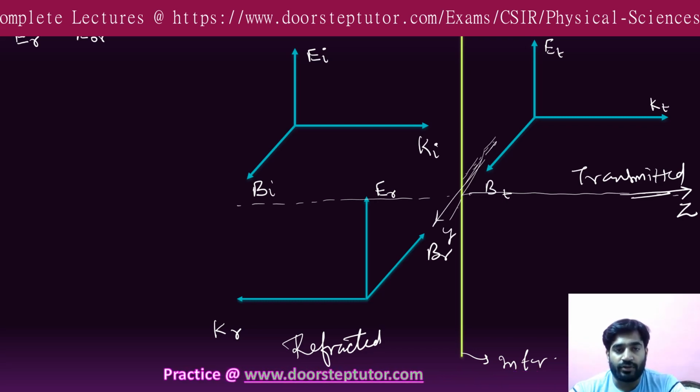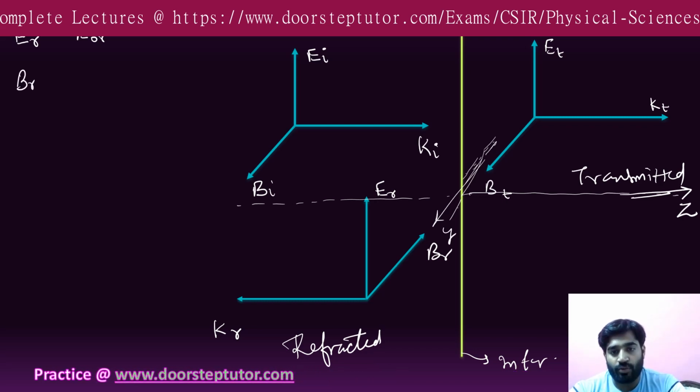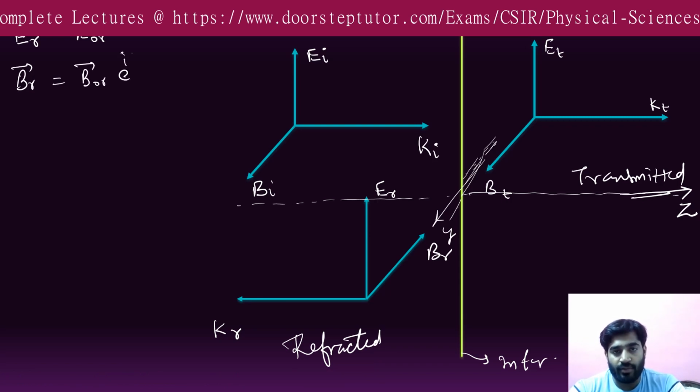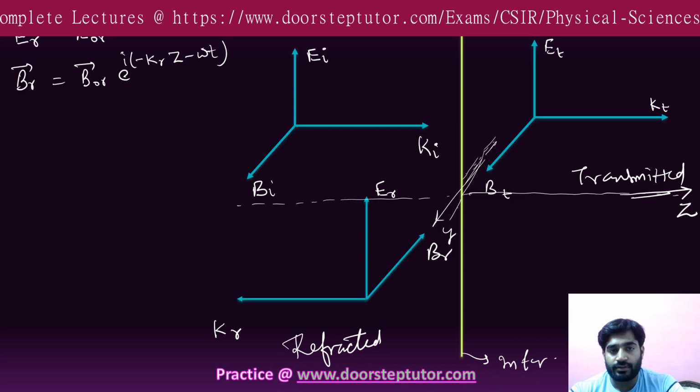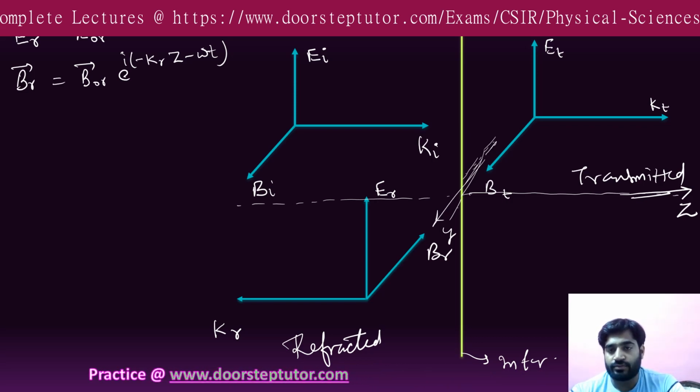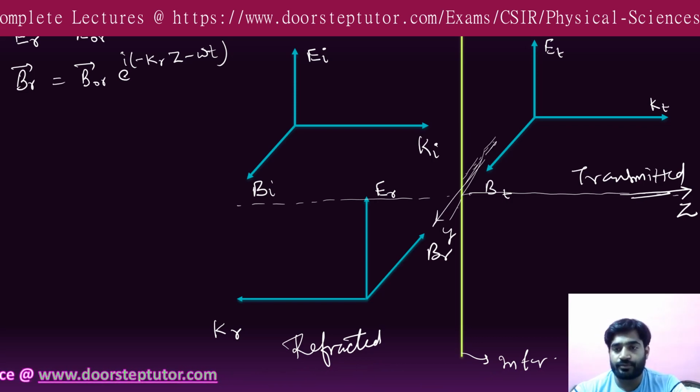Now if we talk about Br, it's obviously opposite, so it's going to be B naught r e to the power i(minus Kr z minus omega t). And Kr is always the negative of Ki.